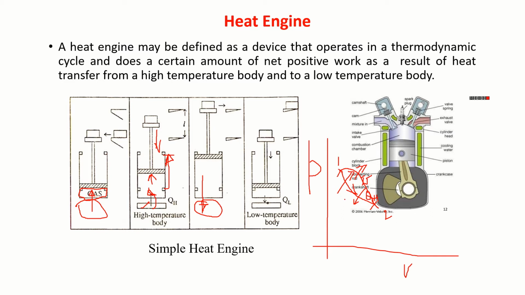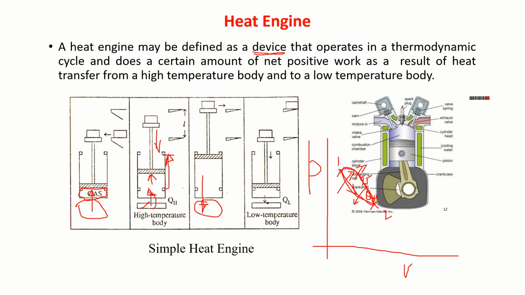This cycle is what we call a thermodynamic cycle. And this is what we call a heat engine. What is a heat engine? It is defined as a device or a machine that operates in a thermodynamic cycle. Look at this, this is a thermodynamic cycle.